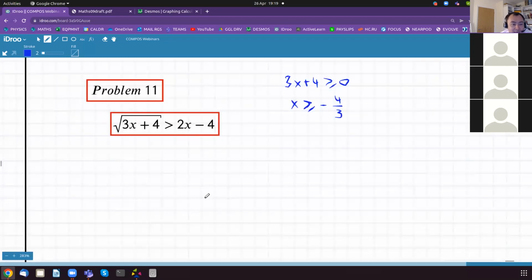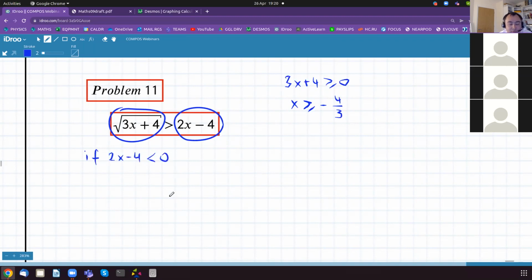Right. Now, let's look at this. So this is a positive number. This is a positive number. So if this number is negative, that means it's definitely less. So if 2x minus 4 is less than 0, then the inequality is true.